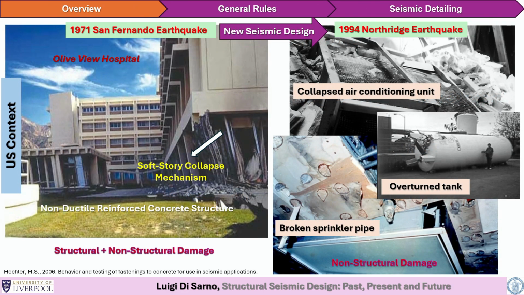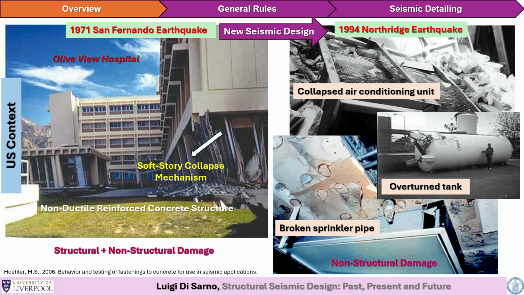Where do we start from? I think we should start from a very important type of failure that started when I was born, 1971, if you want to know my age. For example, the University of Southern California Olive View Hospital was affected by a very significant earthquake, the 1971 San Fernando earthquake, and there was a collapse of this building.